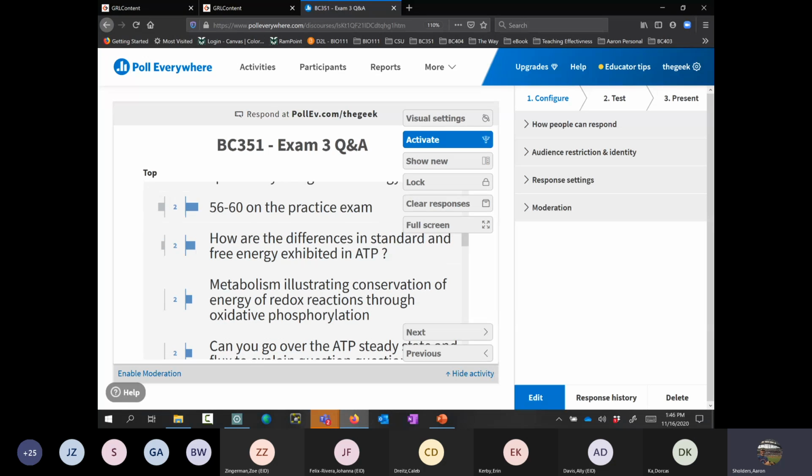Let's do one more. Metabolism illustrating conservation of energy of redox reactions through oxidative phosphorylation. Okay, so I think it was either a learning objective or a question on the study guides. So the main thing there is when we get to oxidative phosphorylation, we've gotten to pyruvate. Pyruvate is going to be converted to acetyl-CoA, and then acetyl-CoA is going to feed into the citric acid cycle.